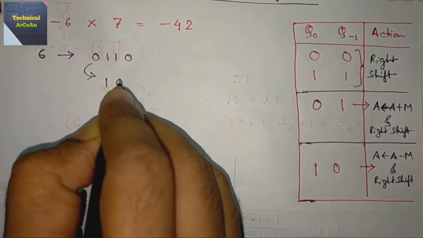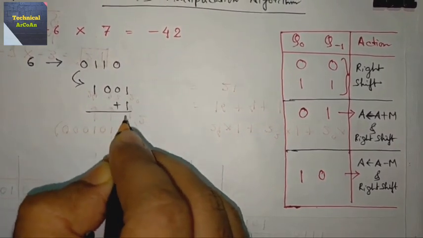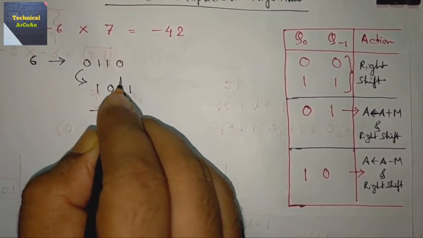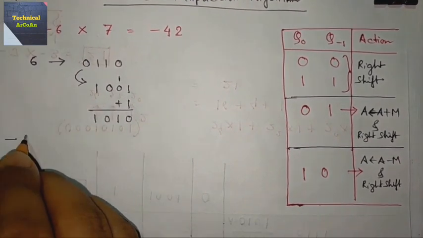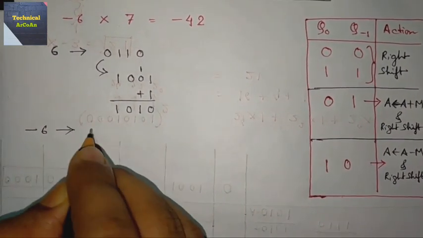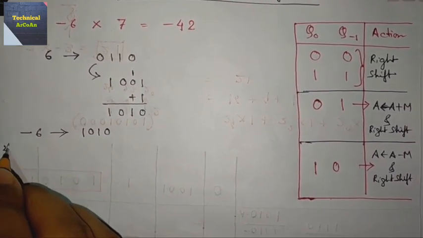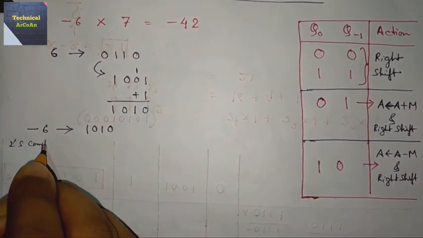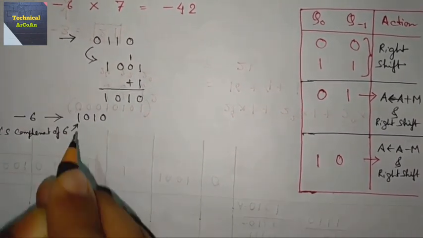So 1 0 0 1, just flip the bits and add 1 with that. So 1 1 0 1 0, with 1 as carry. That means -6 should be represented in binary in that way, or we can also say the 2's complement of 6 will be this.